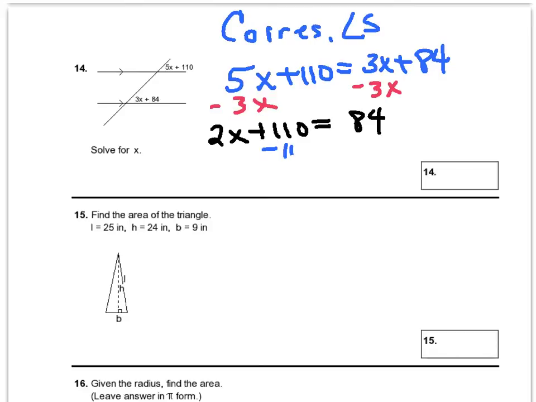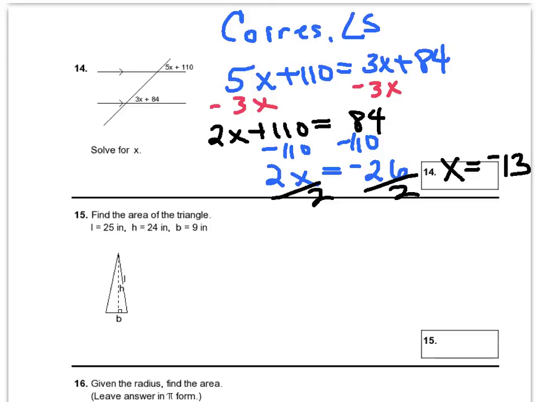Subtract 110, and I get 2x equals, how about negative 26? And if we take that answer and divide by 2, you get x equals negative 13.